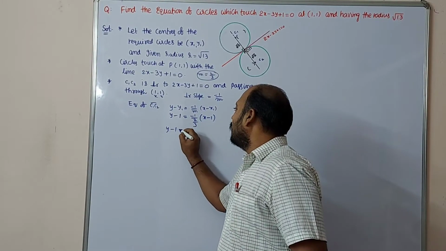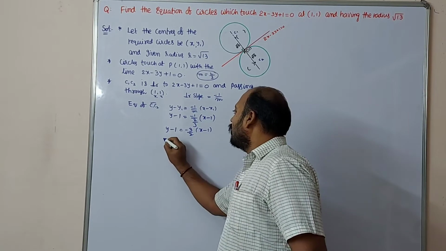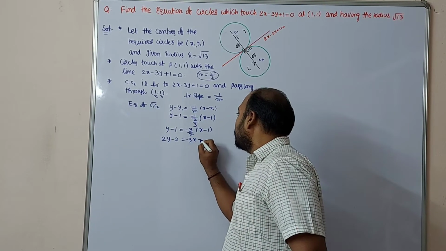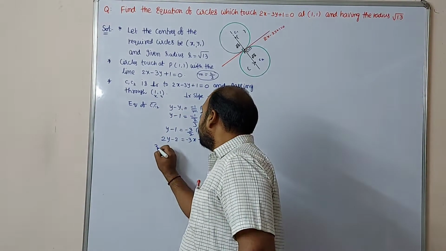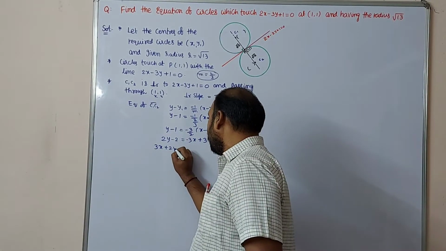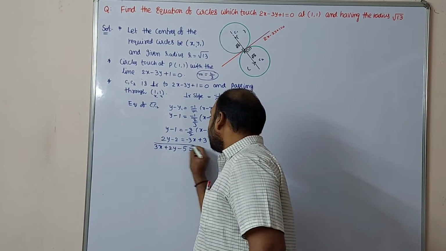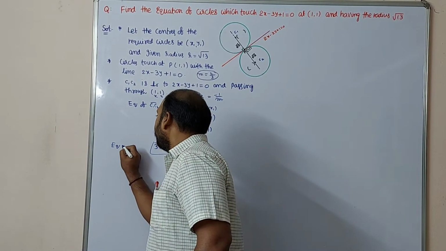So y minus 1 is equal to minus 3 by 2 into x minus 1. Cross multiply: 2y minus 2 is equal to minus 3x plus 3. So taking these values here, it becomes 3x plus 2y minus 2 minus 3, that is minus 5, equal to 0. This is the line of centers C1 C2.